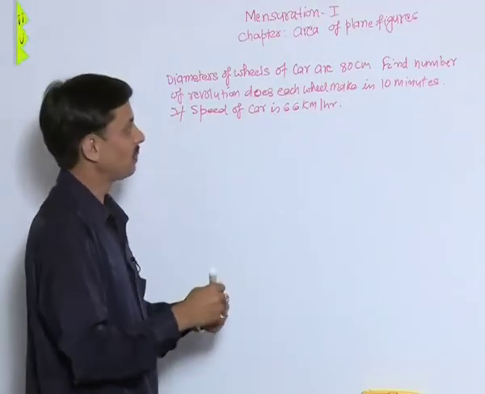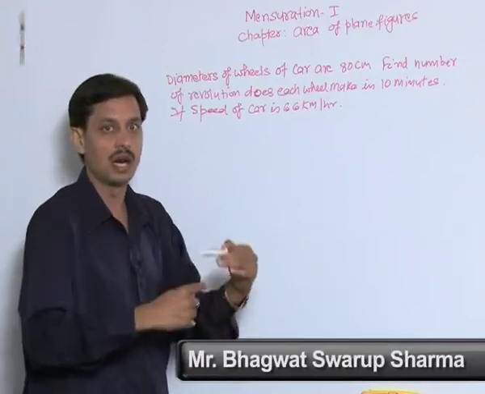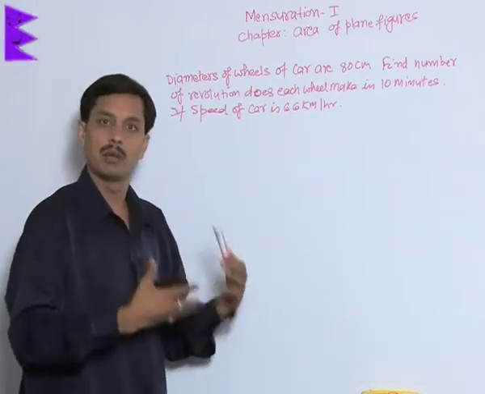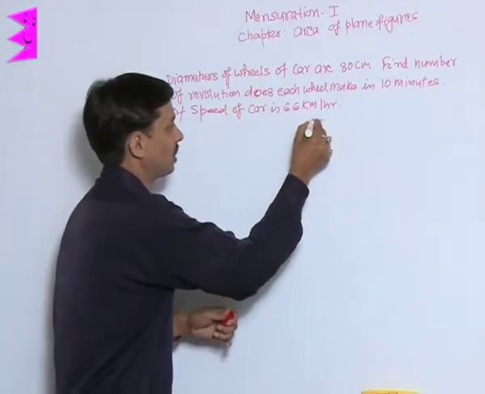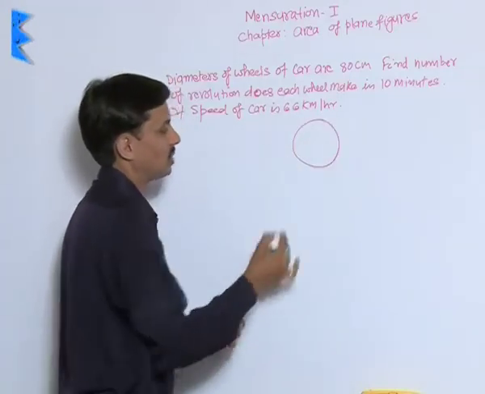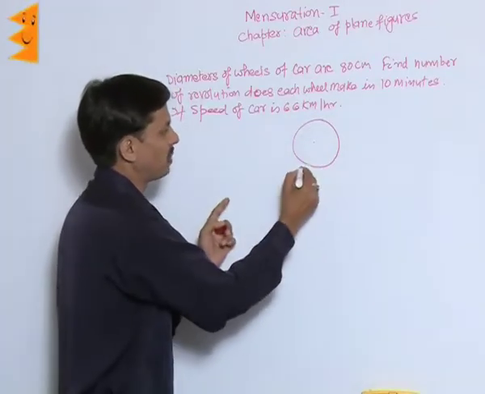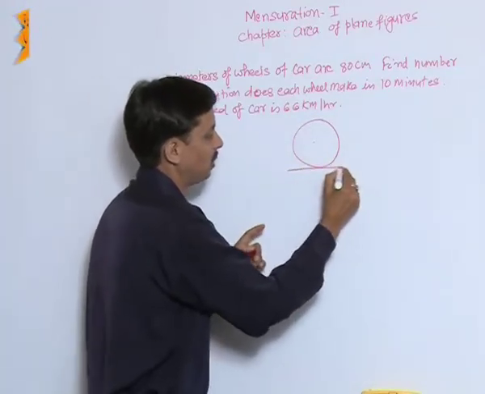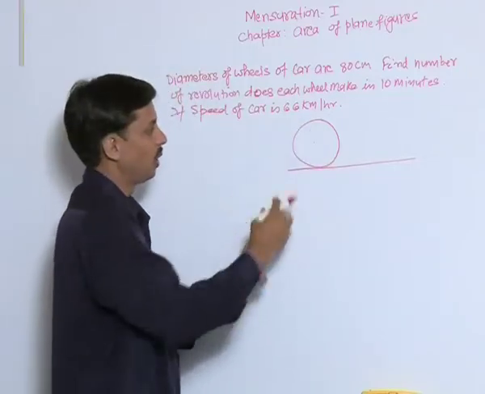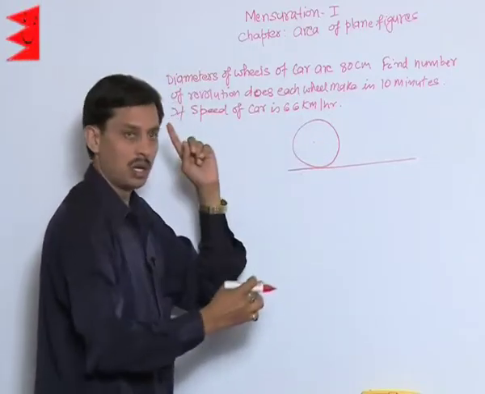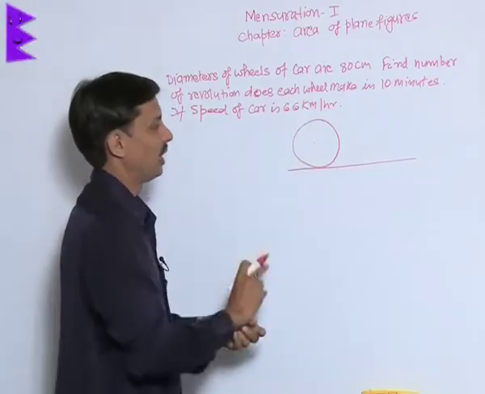So first of all, we have to clear that when any car, cycle, bike moves, then in one revolution, suppose this is the wheel of car or cycle or any bike, and you can observe that if this is the road and the circumference is the distance which is equal to one rotation, one revolution of any object like wheel.